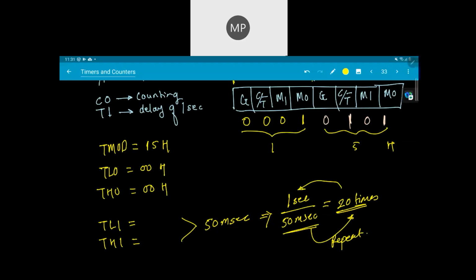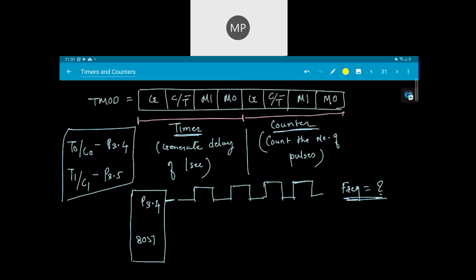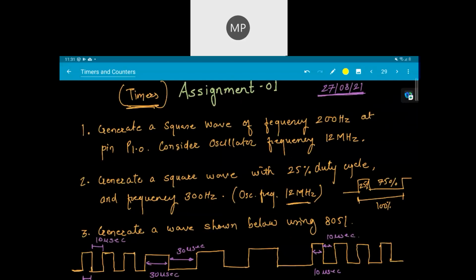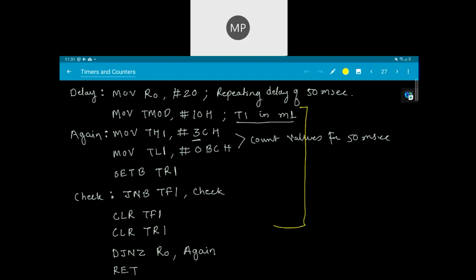So basically, what were the values of TL1 and TH1 from the previous lecture? Anybody, tell me what were the values of TH1 and TL1? You see, these are the values, right? TH1 was 3C and TL1 was 0BC.